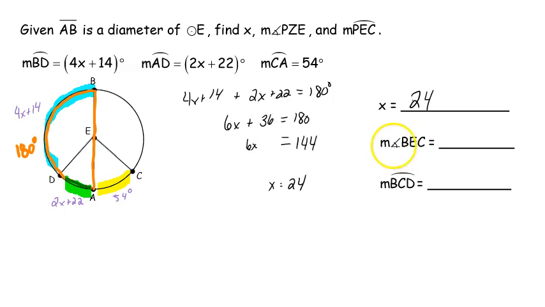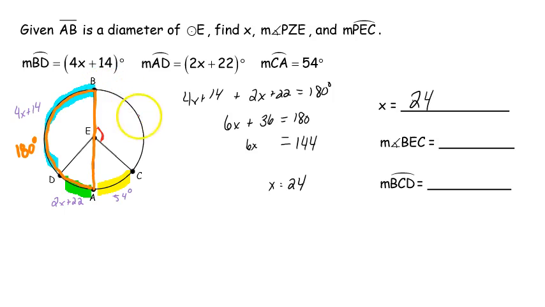Next, this is not asking for an arc measure, it's asking for an angle measure, the measure of angle BEC. It wants this angle. The good news is it's a central angle, so it is the exact same as arc BC. Central angle and intercepted arc are congruent. Now, I don't even need to use x to find this.